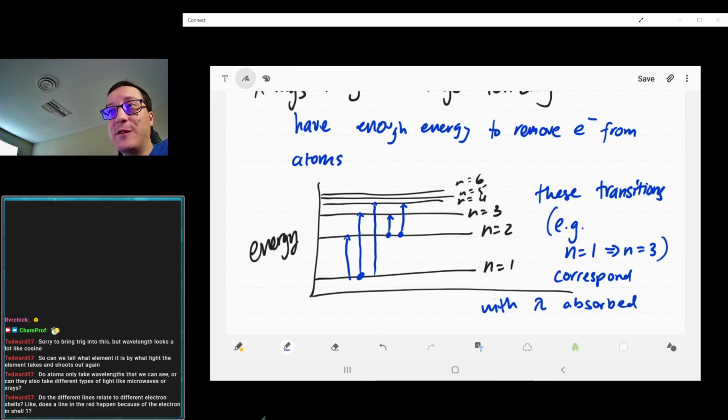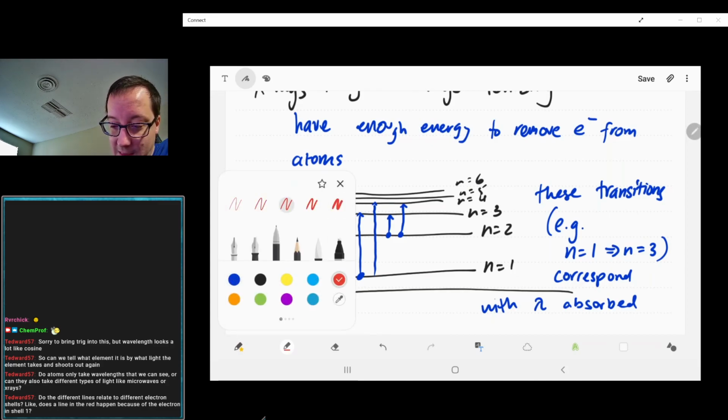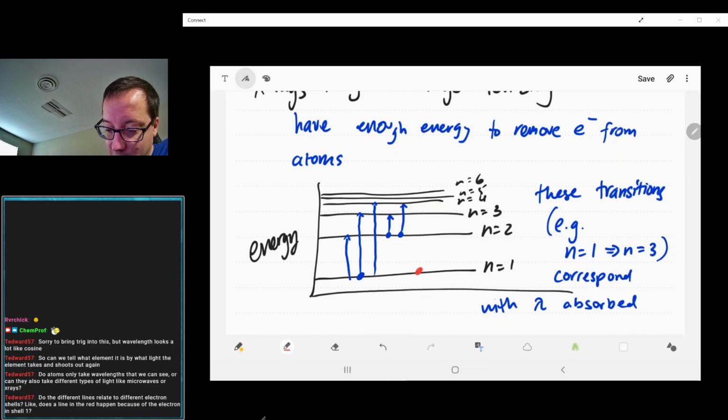So all of these various transitions can happen, but we cannot do something like this, where we go in between. Can't do it. You have to go from an energy level to a different energy level. You can't end up halfway in between. So that's not something that would ever happen.